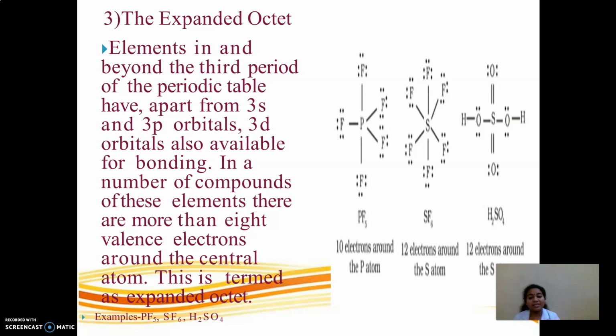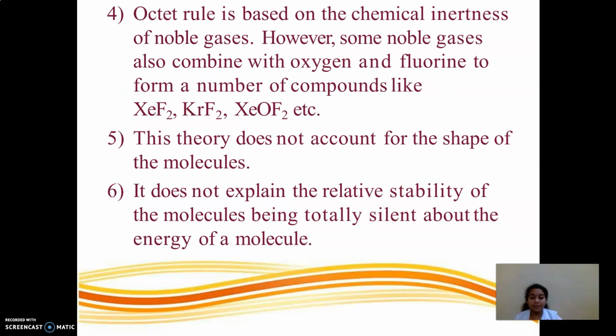It will also participate in valence electron transfer and combination. So apart from 3s and 3p, 3d also participates in combining, like sharing of electrons or transfer of electrons. This is known as expanded octet.